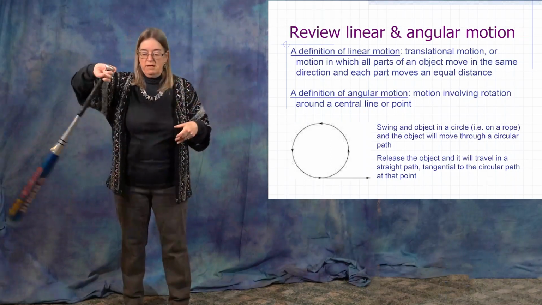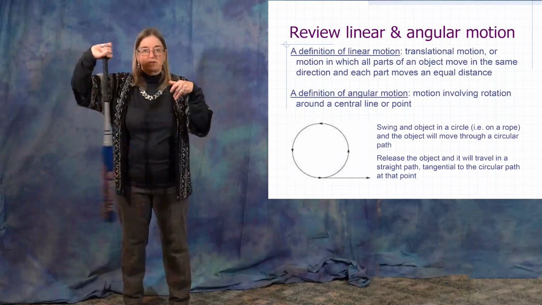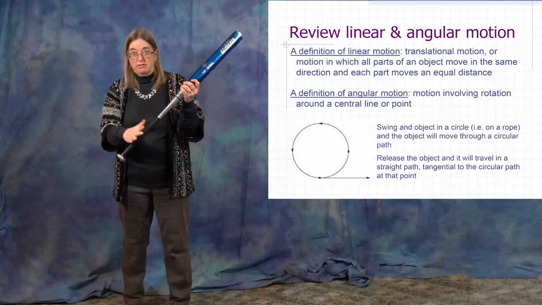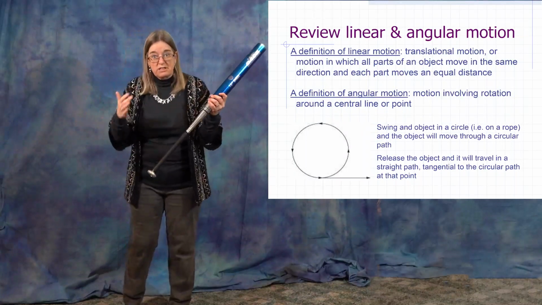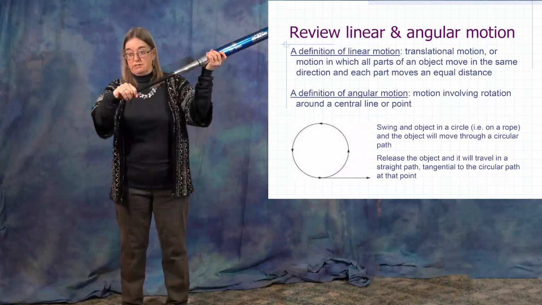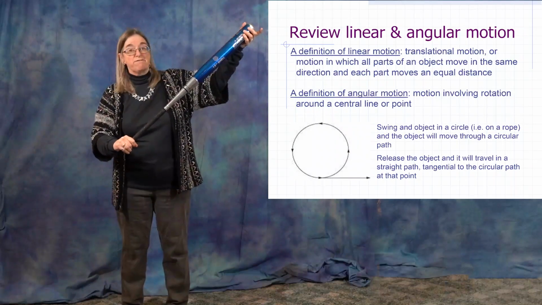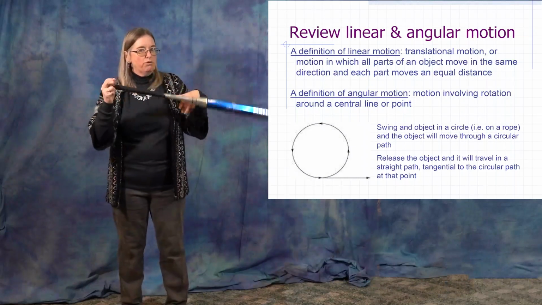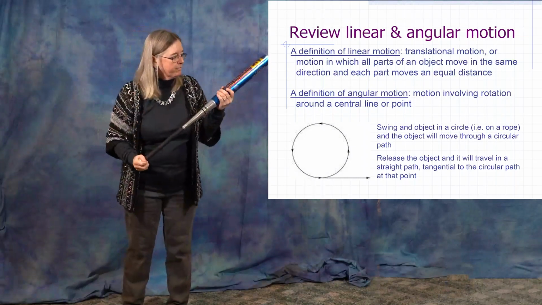Whereas we have angular motion, where different parts of the object move different distances, the part farther away from the axis of rotation moving farther than the part right here, but they all move through the same angle.